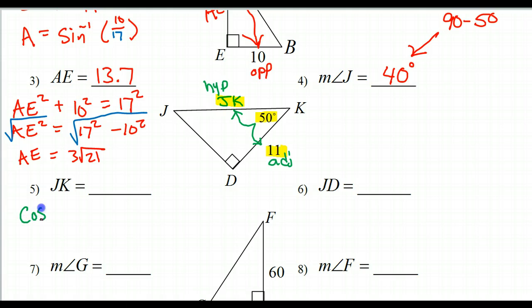So we're going to say cosine 50 is 11 over JK, adjacent over hypotenuse. This is one of those situations where we're going to reverse these since the variable is in the denominator. That's going to give me that JK is equal to 11 over cosine 50.